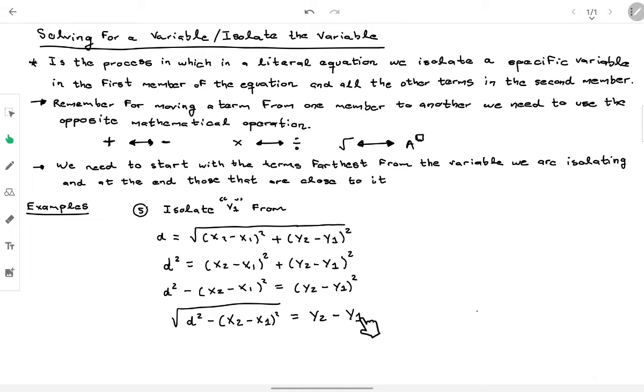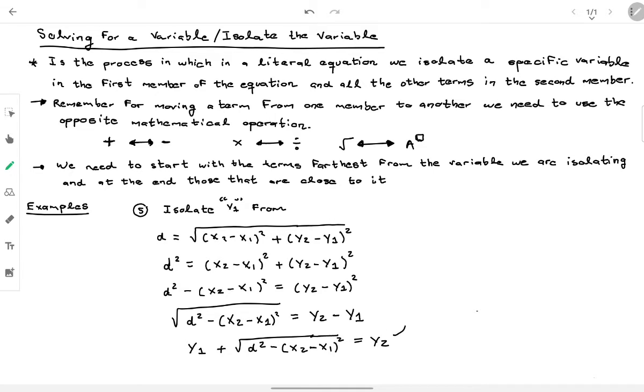Or maybe some of you can say, can I send the y1 to the other side first? Yes, of course we can do it, and it's going to be y1 plus the square root of d squared minus (x2 minus x1) all squared, equals y2.